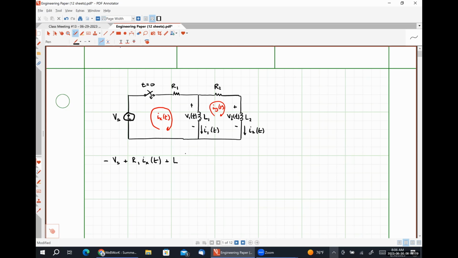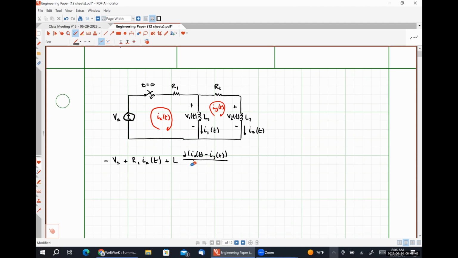So L, I'm going to do d by dt here. Well, the total current flowing through the inductor in terms of our mesh currents is Ix minus Iy. Like so.